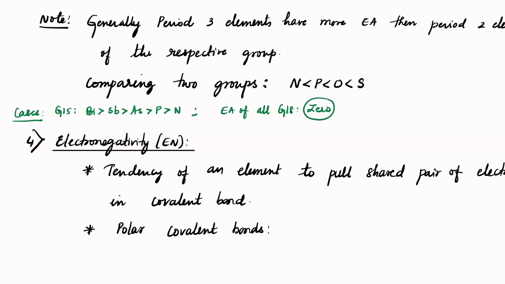So they are not exactly zero, but when you use that word in terms of electron affinity, we always use it as zero. But if it comes to electron gain enthalpy, then you will have a certain order in this case.